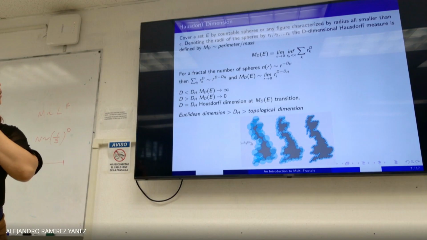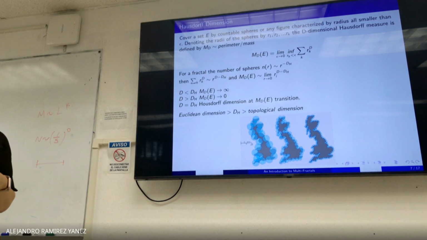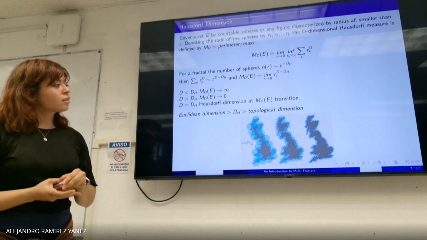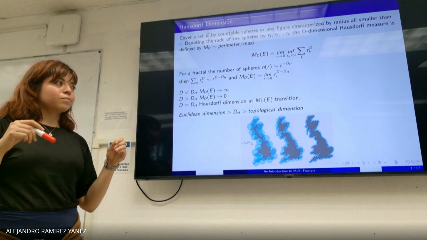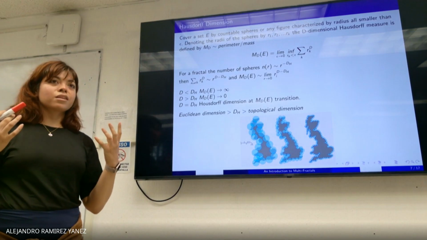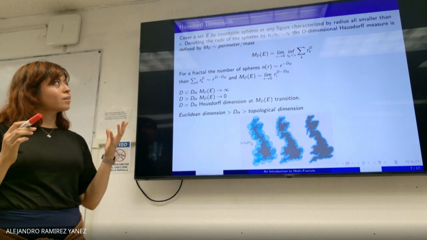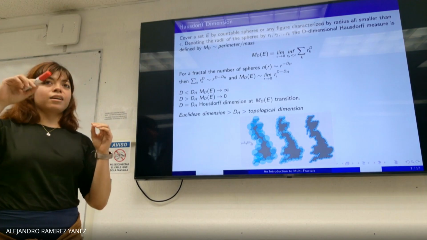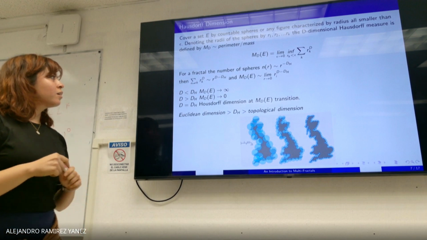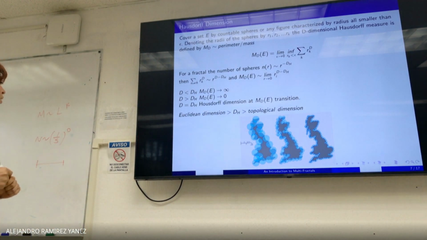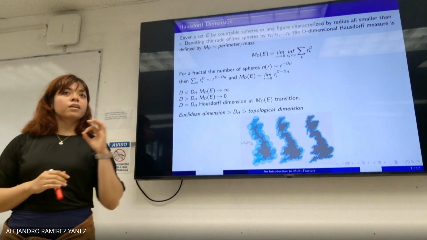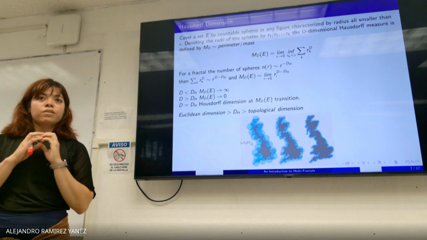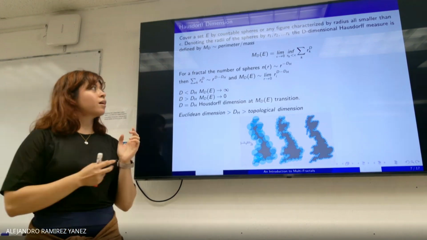The most strict is the Hausdorff dimension, and this consists in trying to cover your fractal with figures that have a certain characteristic length. You can cover it with lines, with circles, or with spheres, or something of higher dimension.